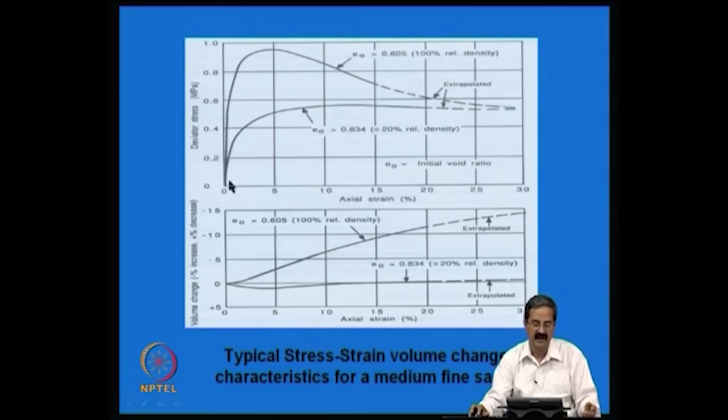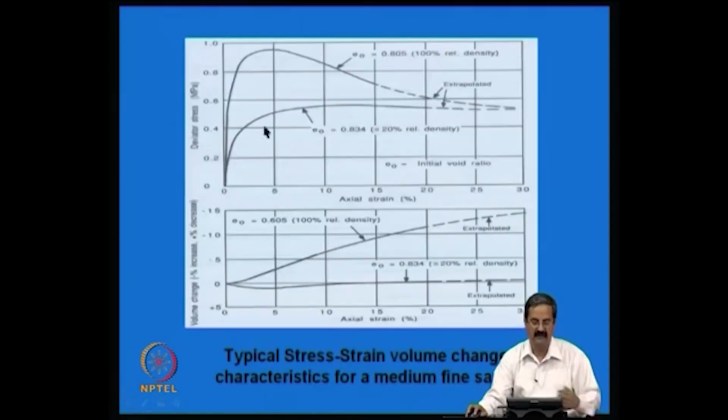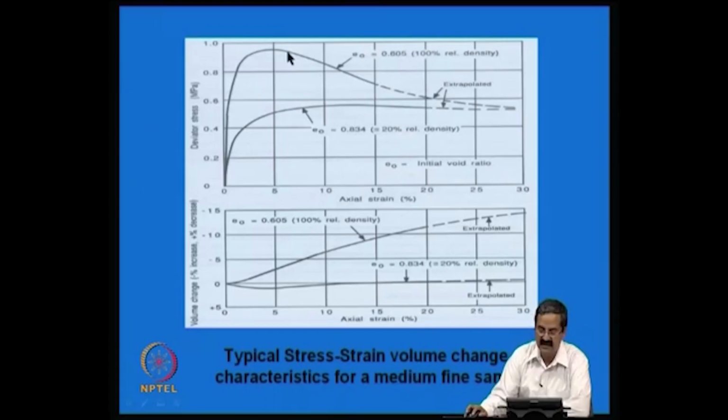We know from basic soil mechanics that if the soil is loose it will have a behavior like this, and if it is a dense sand, it is like this, is it not? So, you get a very good understanding of what type of densities you have and what type of stress strain responses you can have, and this is very important from field implications.